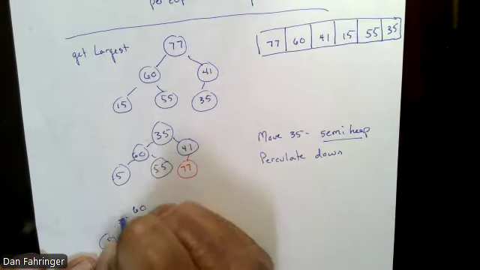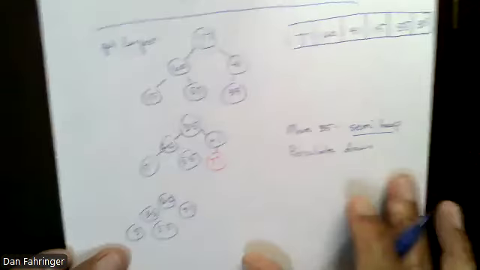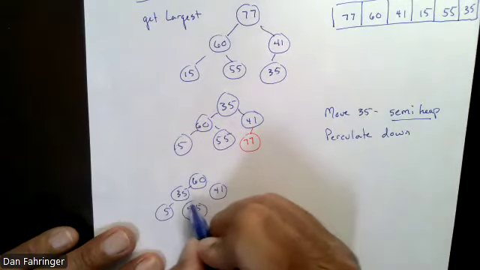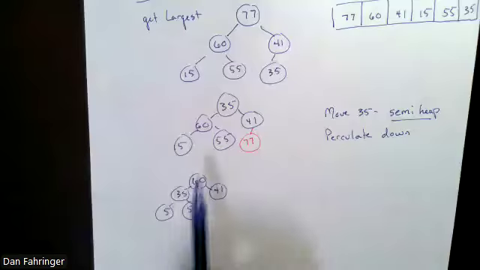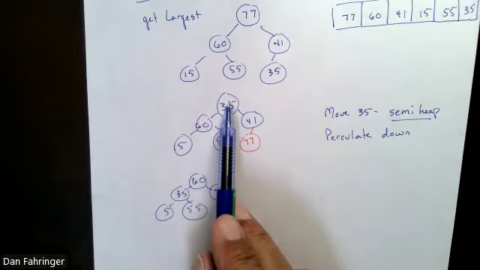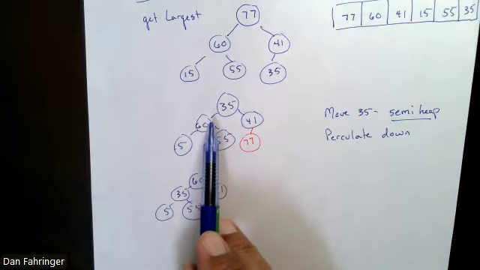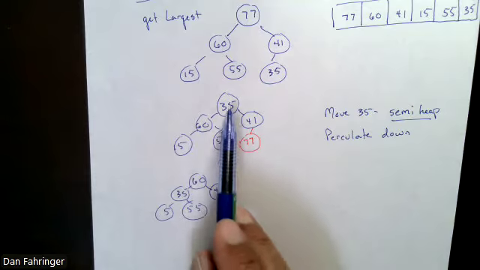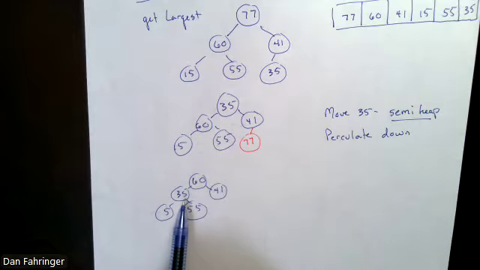So we're just kind of ignoring that 77. That's not very nice and clean. And how did I know where to check? I checked where my children are. Is this smaller than this? Well, first of all, which direction would I go? In this case, it's smaller than both, but I want to swap it with the 60.